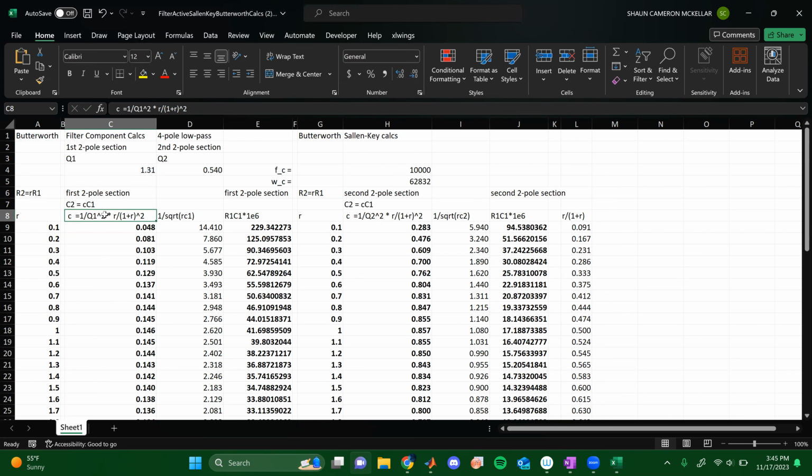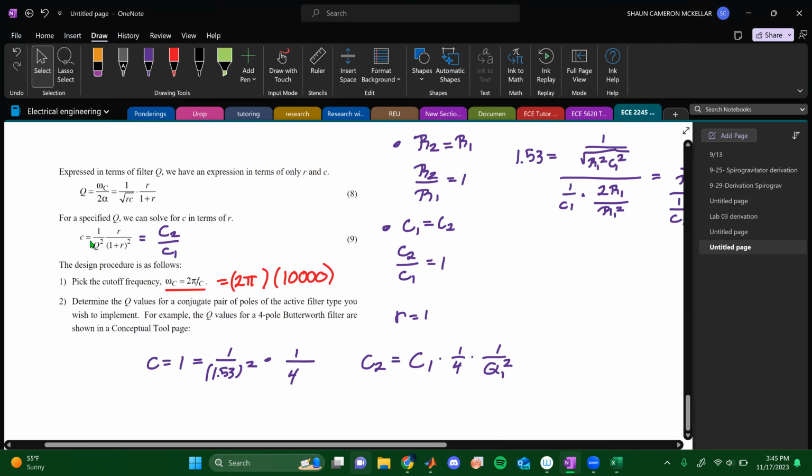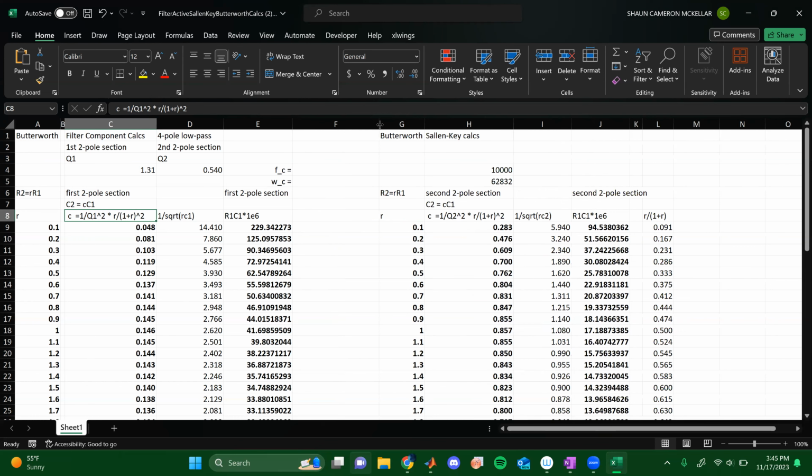But so he said that C is that equation, which is provided in the handout right here. That's the same equation. And notice Neil has put down the same calculations in two different areas. So I can see that this column is the same on both of them.